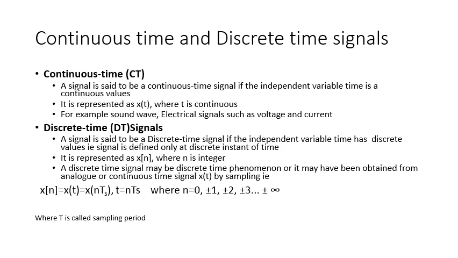A discrete time signal may be a discrete time phenomenon, or it may have been obtained from an analog or continuous time signal x of t by sampling, such as x of n equals x of n Ts, where we have sampled the continuous time signal using the sampling time Ts, and n is an integer with values 0, plus minus 1, plus minus 2, plus minus 3, and so on.